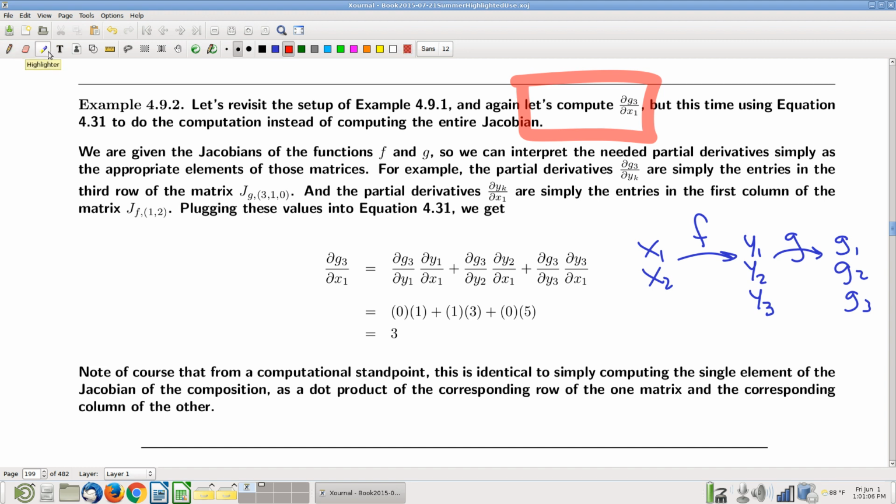We've been asked to compute the partial of g3 with respect to x1. We have 3 intermediate variables. Those are the only intermediate variables there are, and so you'll notice that we have 3 different terms, each one corresponding to one of these intermediate variables.